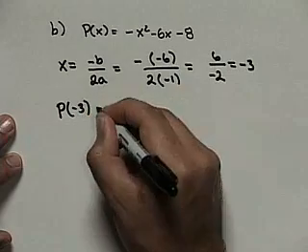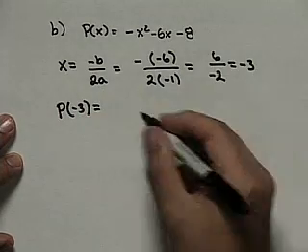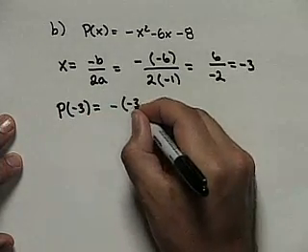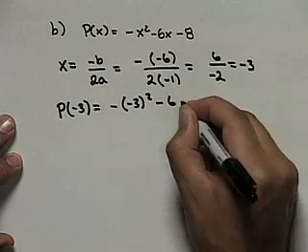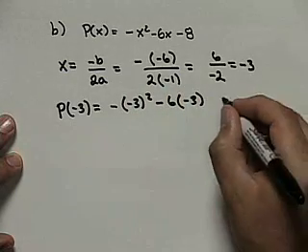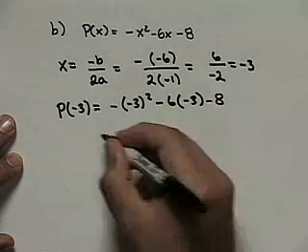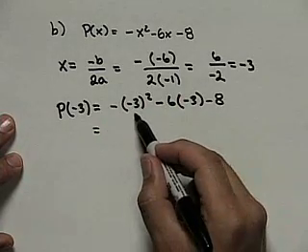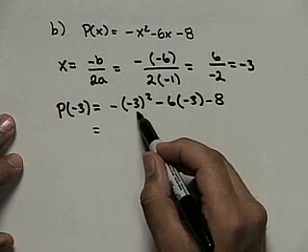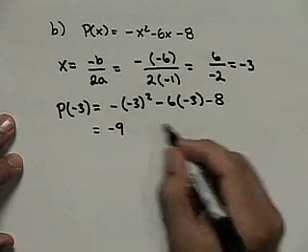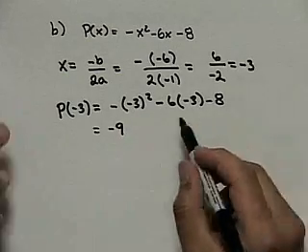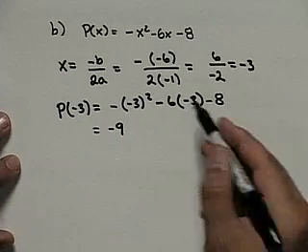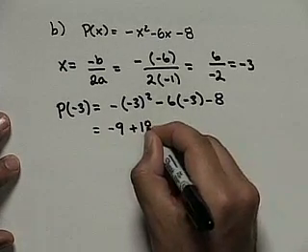Substituting the negative 3 into the equation to find the y value, we get negative 3 squared minus 6 times negative 3 minus 8. Being careful to keep track of our negatives here, negative 3 squared is a positive 9, but with a negative in front, that makes it a negative 9. Then we have a negative 6 times a negative 3, which gives us a positive 18.